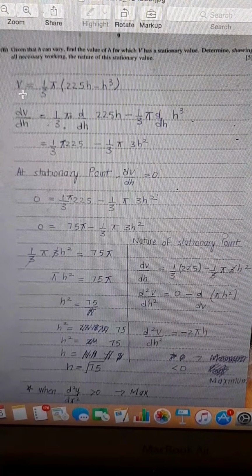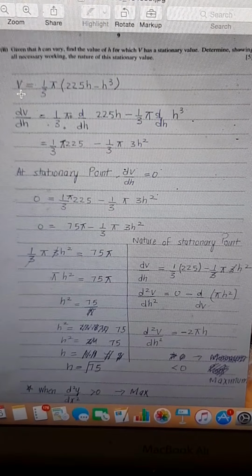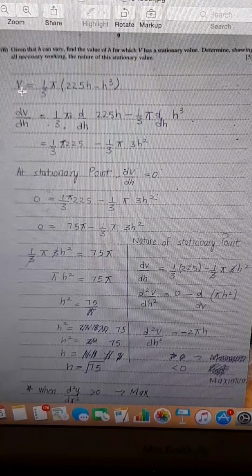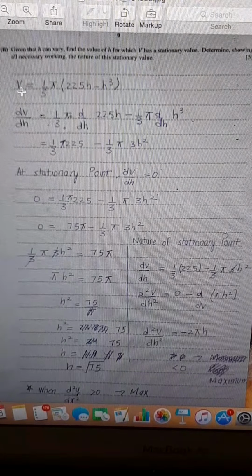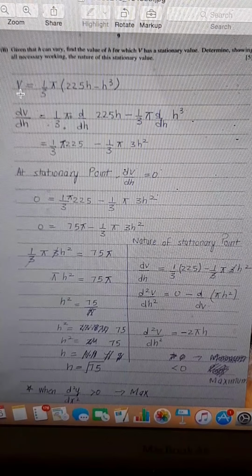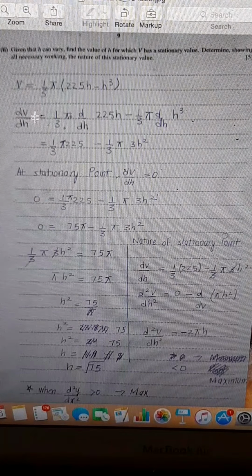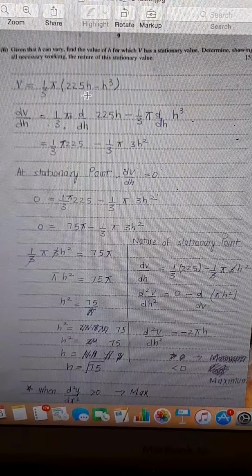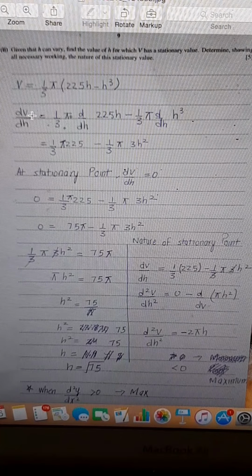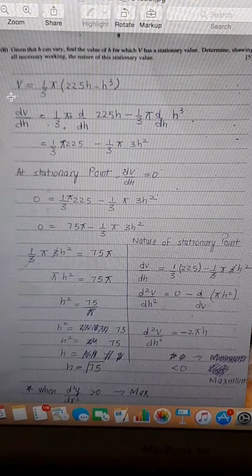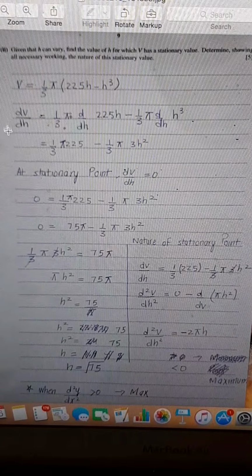Now for a stationary value, as you know, a stationary point is a point where the gradient is 0. So take the derivative of V with respect to h. So dV over dh, now this derivative represents the gradient.